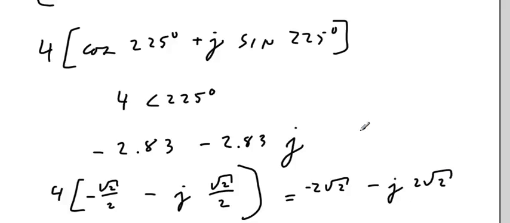So there's nothing wrong with that answer, but I should have recognized that this had a reference angle of 45 degrees and put the real things in at the beginning. But I didn't. All right, so 26.